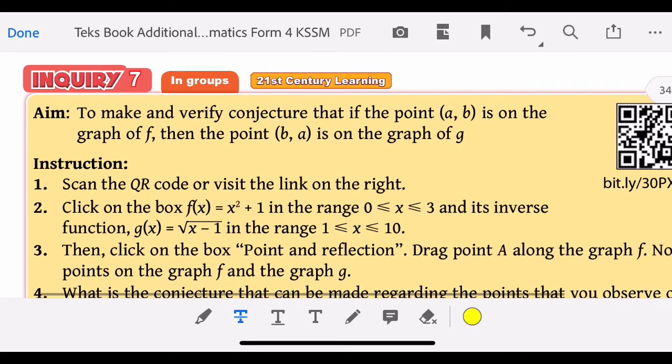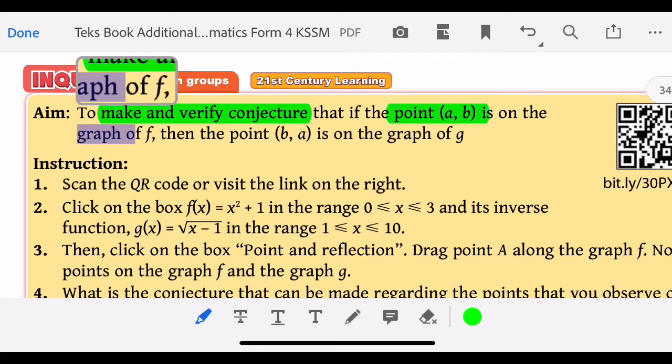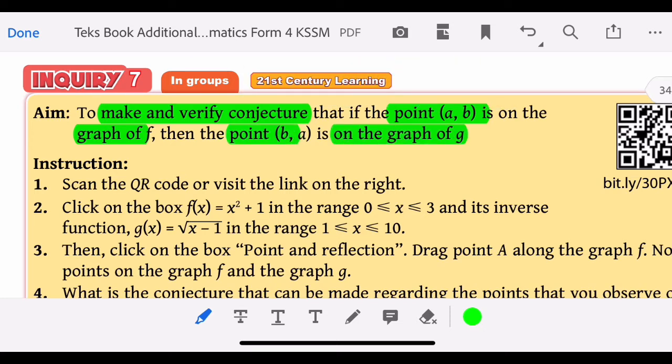Okay, let's see the inquiry 7. The inquiry 7 is a very important inquiry because this one is actually to make and verify a conjecture that if the point AB is on the graph of f, then point BA is on the graph of G. This is very important.